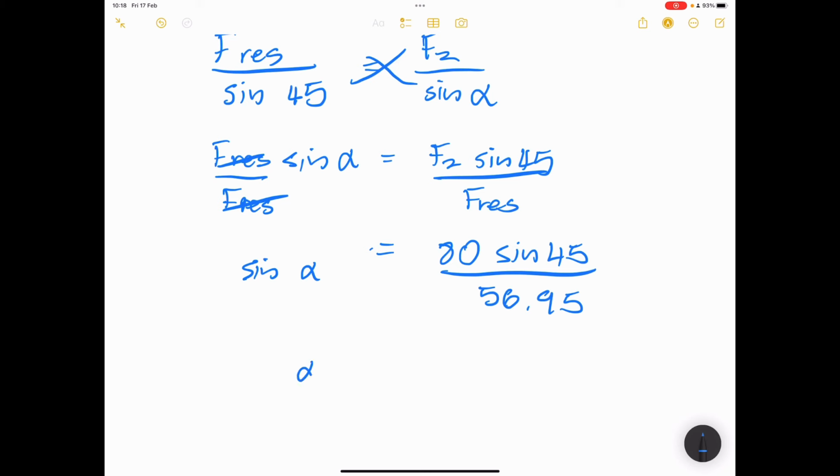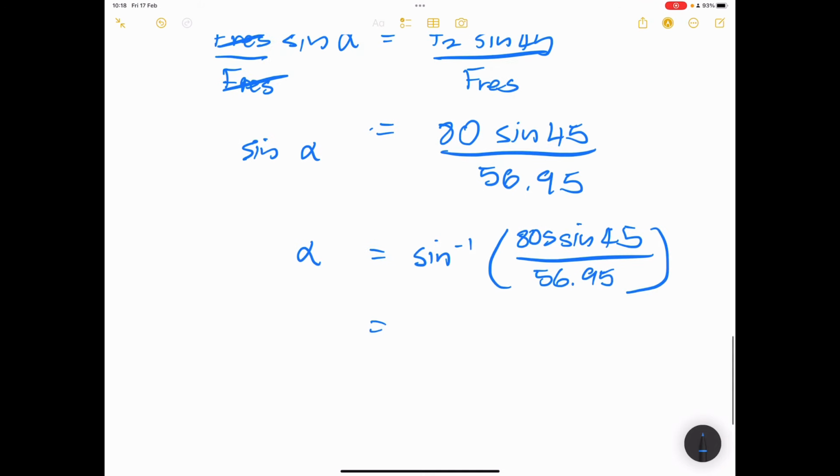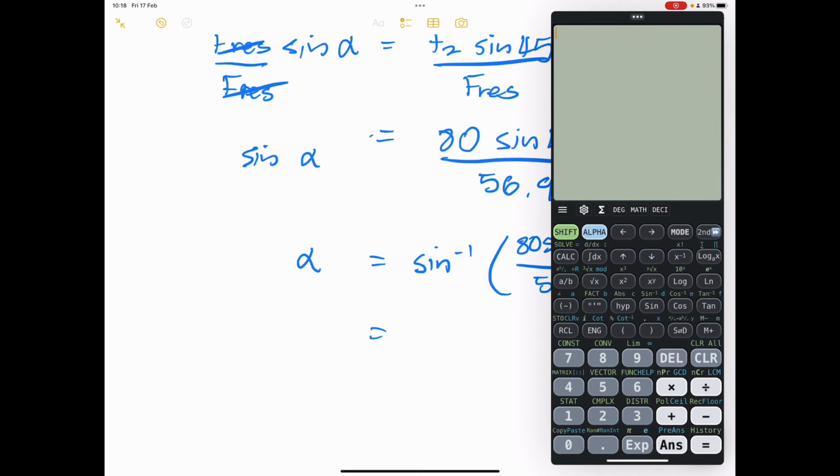To get the angle, we take the arc sine of 80 sine 45, divided by 56.95.